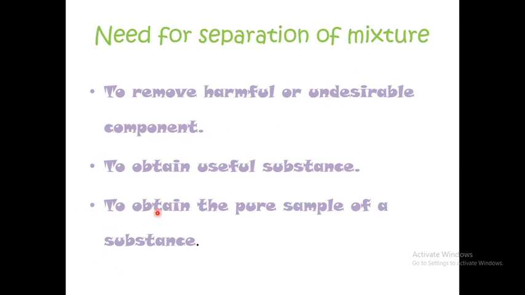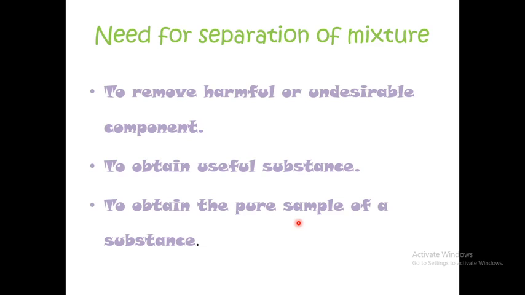The next is to obtain the pure sample of a substance. Sometimes we need to get the pure substance. Suppose we take the example of air. Air contains oxygen, nitrogen, carbon dioxide, all those things. We need oxygen.